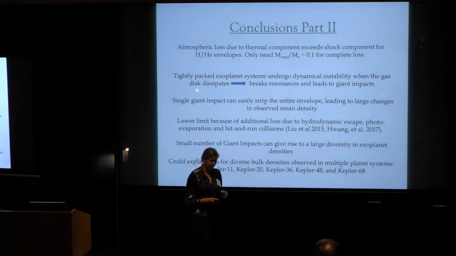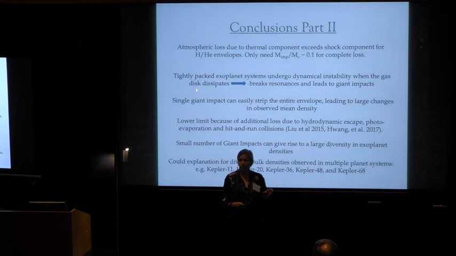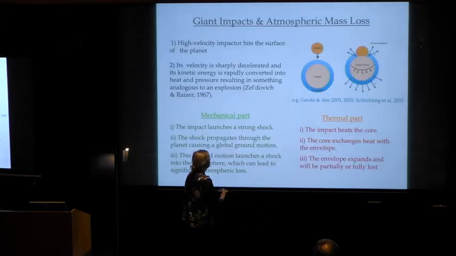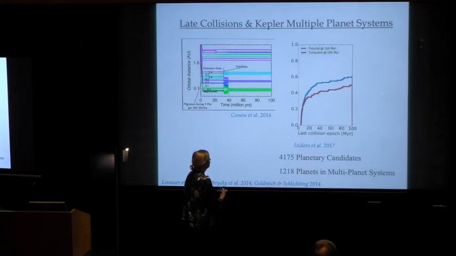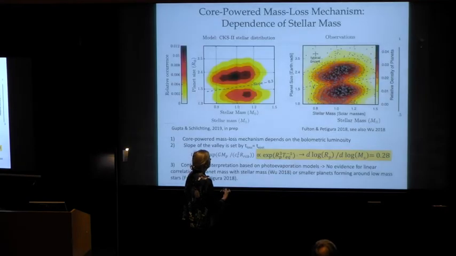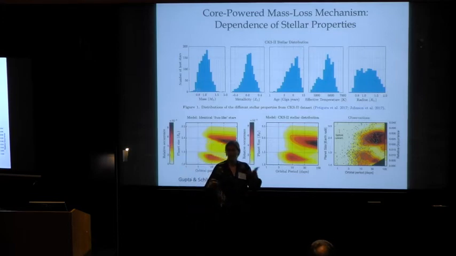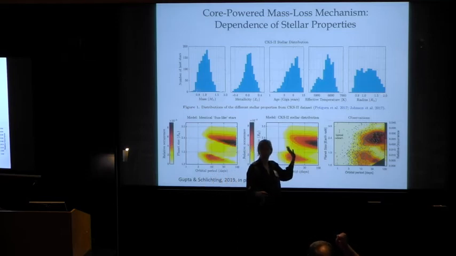However, for example, if you would find a stripped core, I don't know if I can easily go back. Let me go. Right, and so I think you can say we know it's not giant impacts giving rise to just this, so I don't think this is a signature.